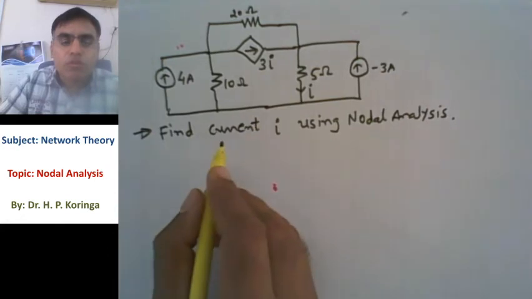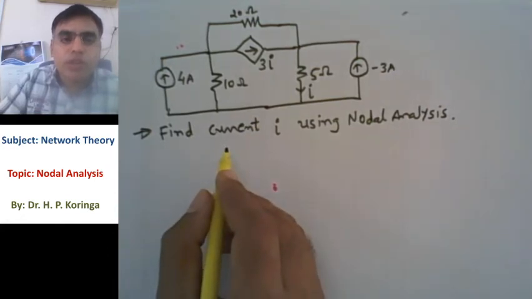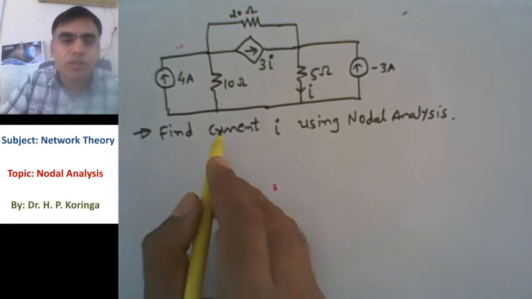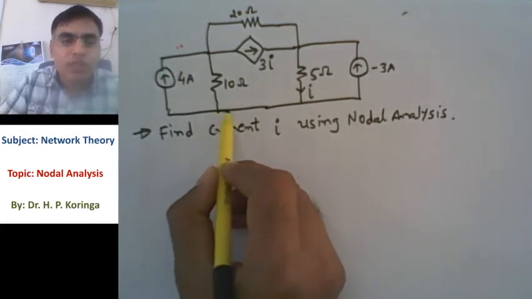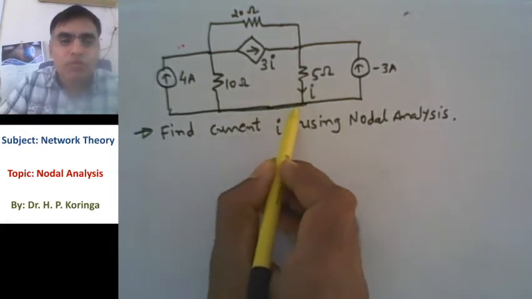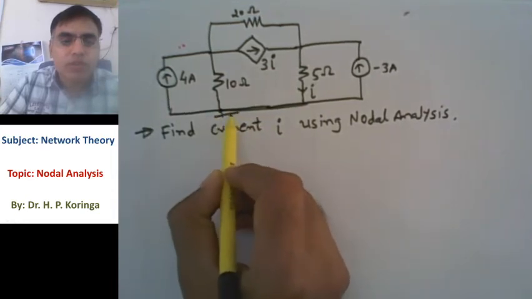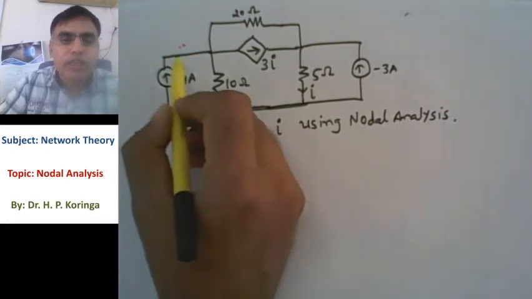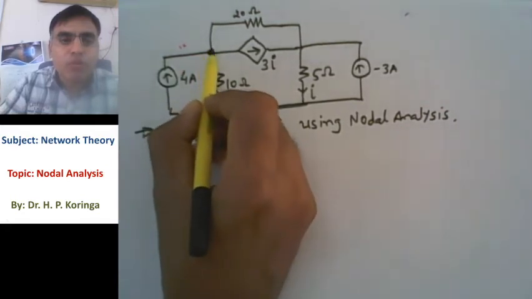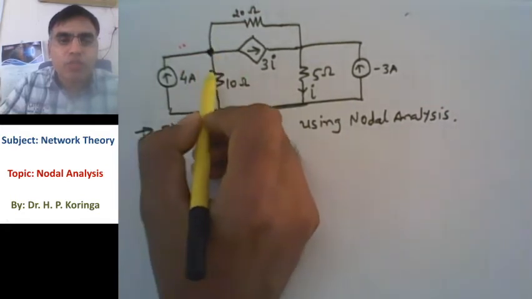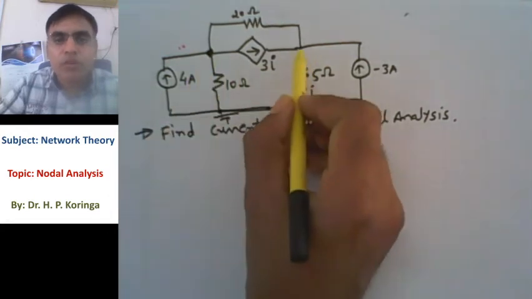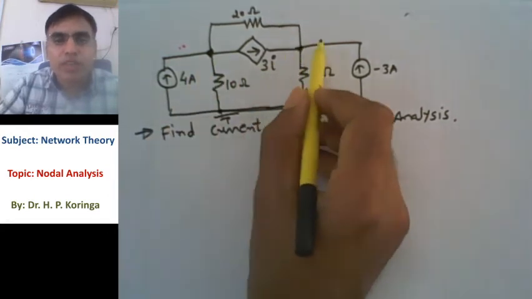So step 2 for nodal analysis is that we have to identify the different nodes in the network. So this is one of the nodes, the bottom node, which we call the reference. There is one node here where 4 branches are connected, 1, 2, 3, and one node here where again 4 branches are connected.